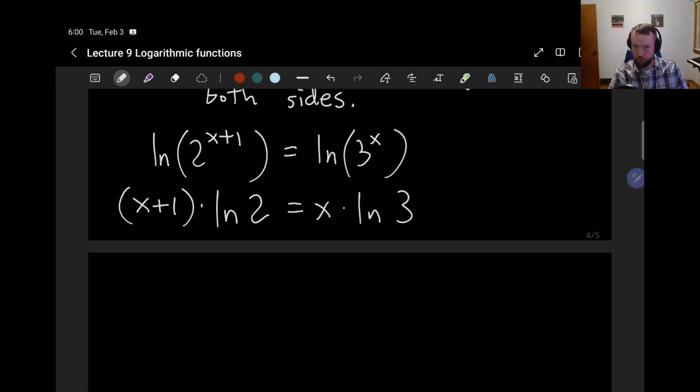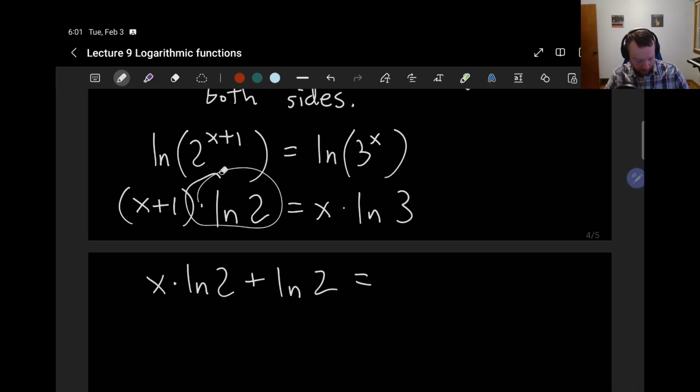So now we can do algebra to solve for x. It's actually still not the easiest algebra problem in the world, but it's doable. First, let's distribute this ln of 2. Plus 1 times ln of 2, just ln of 2. So I just distributed that.